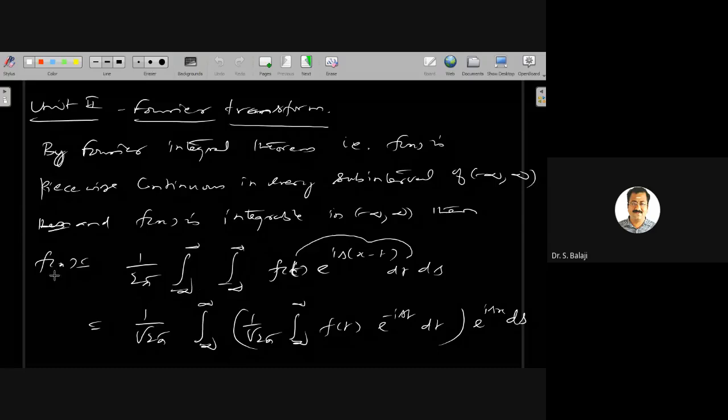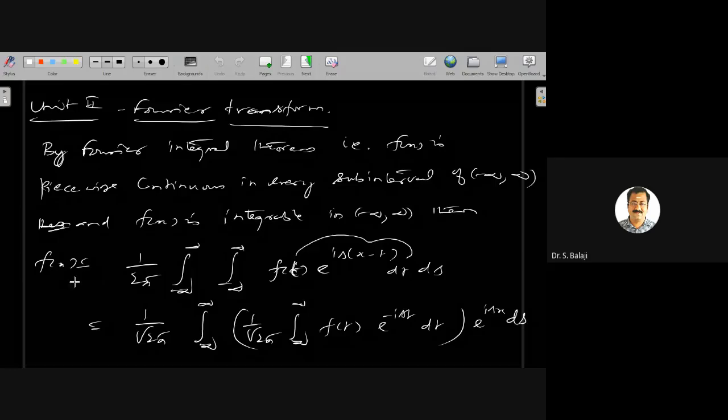This statement can be derived with the help of the Fourier series definition. Fourier series says that f of x can be written as the infinite series summation n equal to minus infinity to infinity of Cn e power in pi x by L in complex form, where Cn equals 1 by 2L integral of f of x e power minus in pi x by L dx.